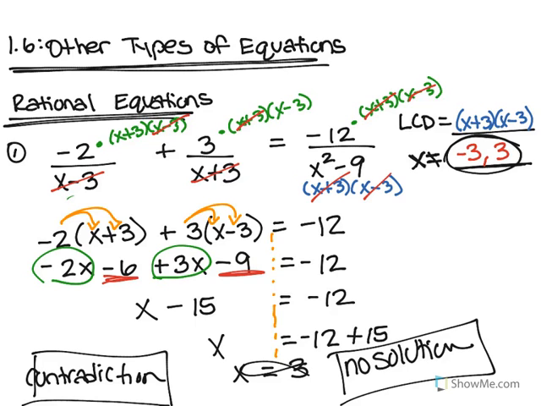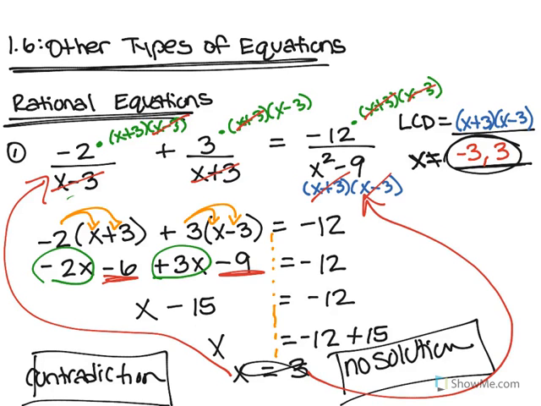So out of the 3 bottoms, the 3 denominators, which one will 3 not work in? The x minus 3, good. So that's the first one. And the last one, the one that has both of them, right? That's where 3 is a problem. That's like a checking mechanism to make sure you understand that's why it's a no solution. 3 doesn't work there.